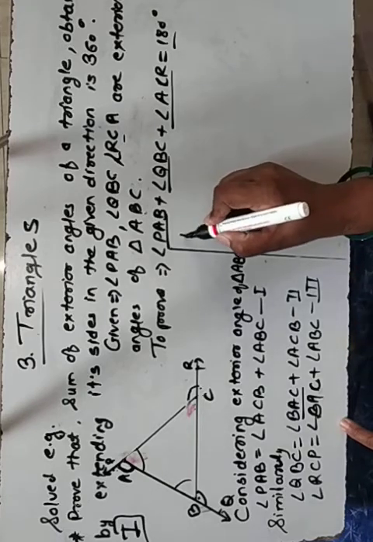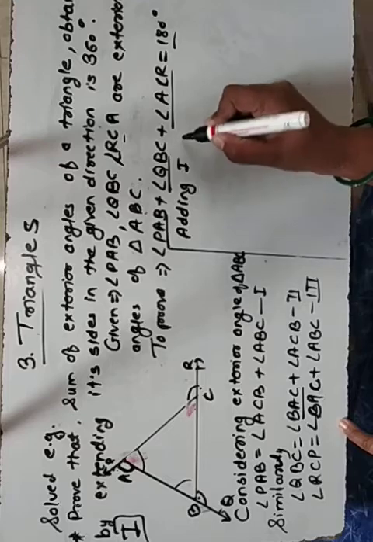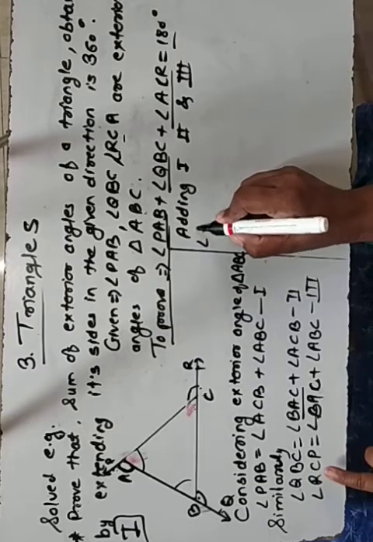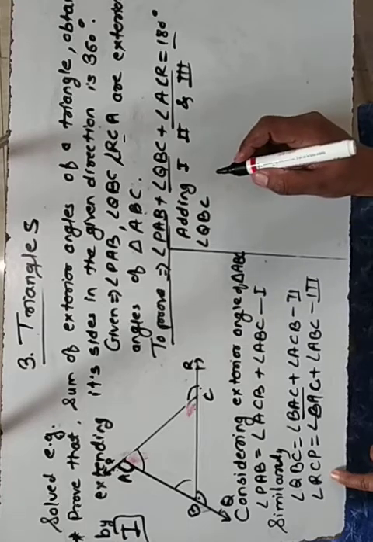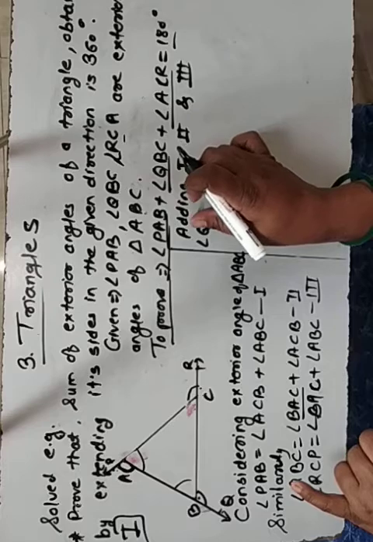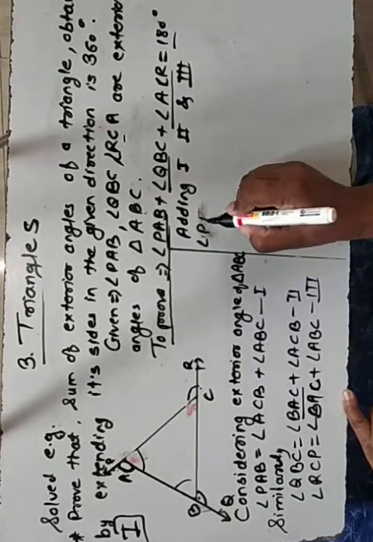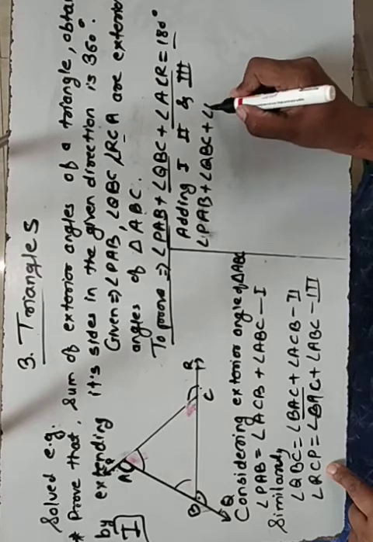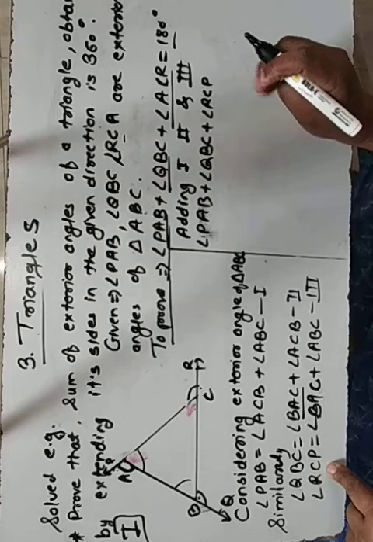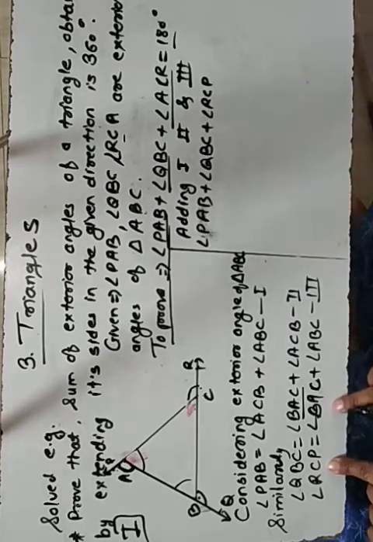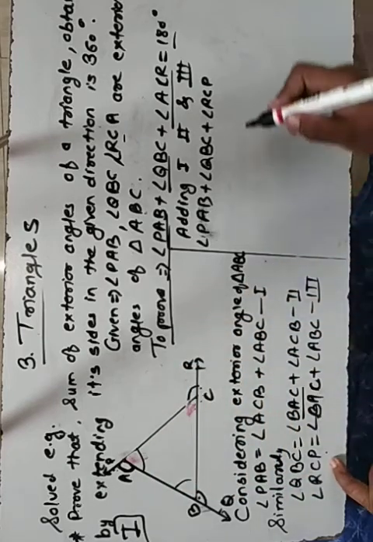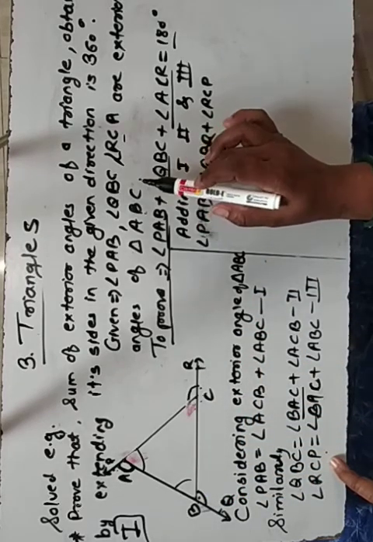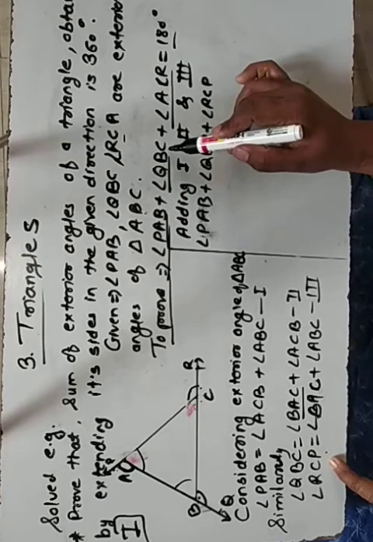Adding 1, 2 and 3, first we will add the LHS: PAB plus QBC plus RCP. That is the sum of these angles.